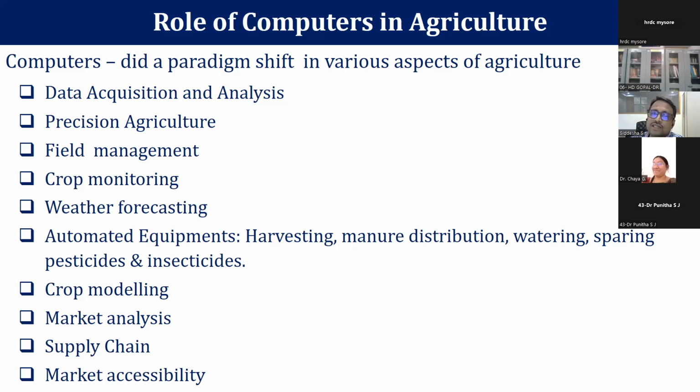First is data acquisition and analysis. Data acquisition means capturing the data. Technology is helping us: we capture the data using certain sensors, the captured data is fed into a computer, and then we do analysis on it.